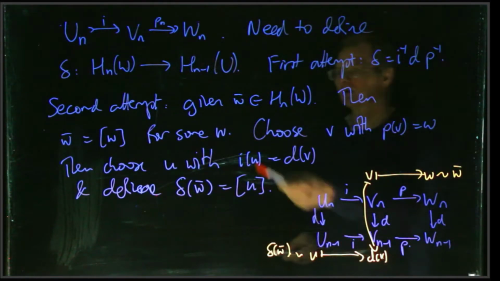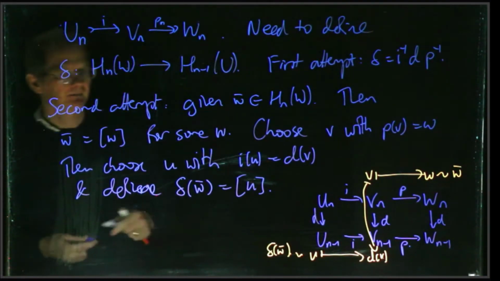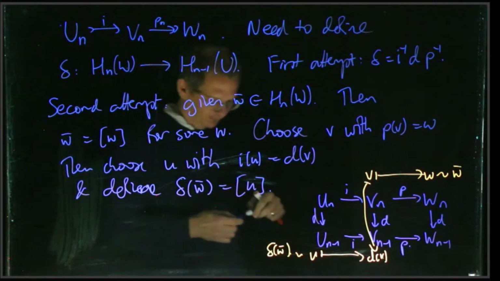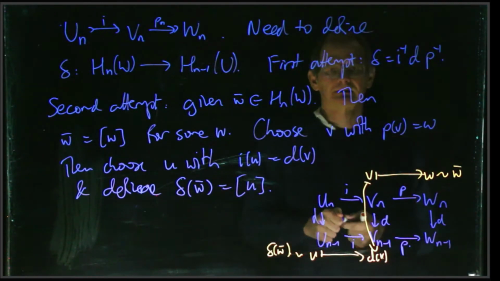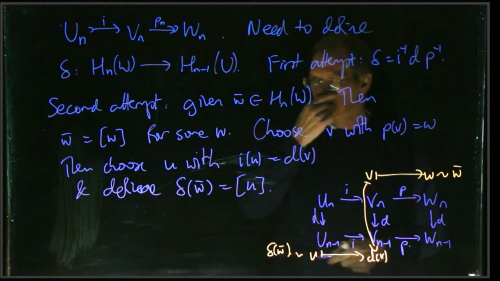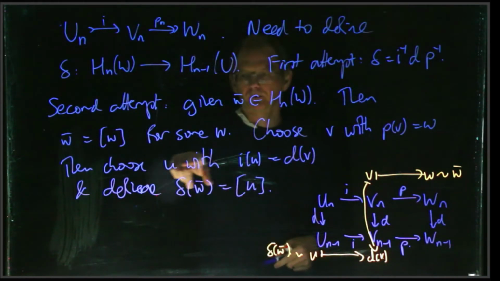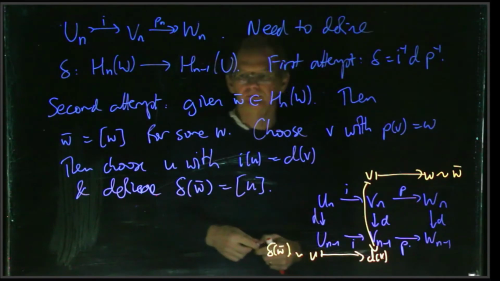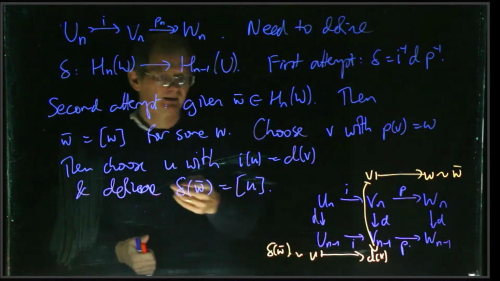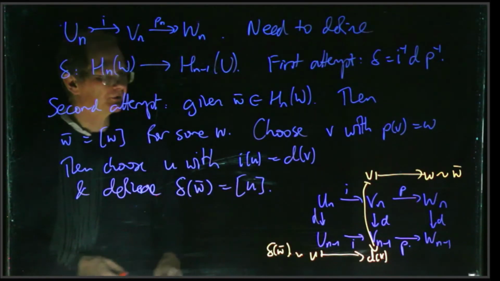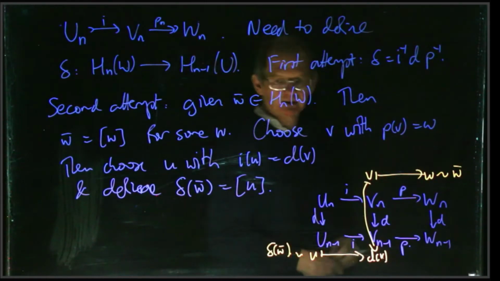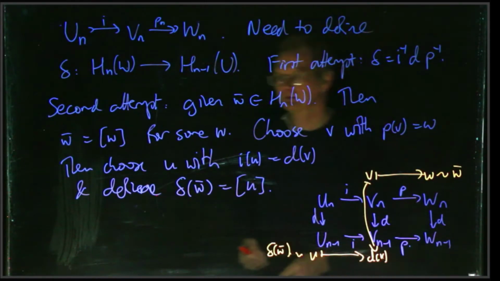But this is not really a very good definition either. Firstly, how do we know that there exists such a V? And given that, how do we know that there exists such a U? And if we want to write this square bracket U, then U had better be a cycle. So we need to check that dU is 0.